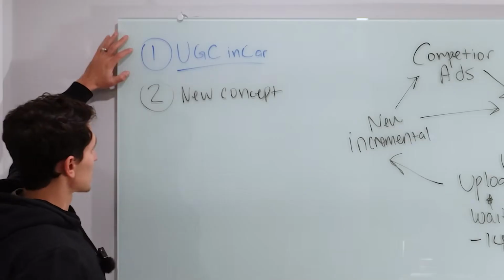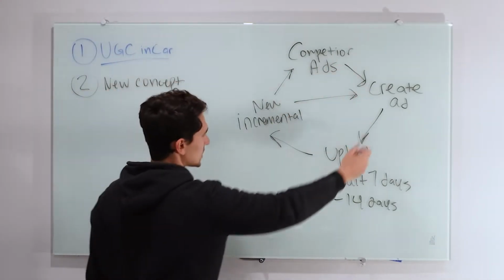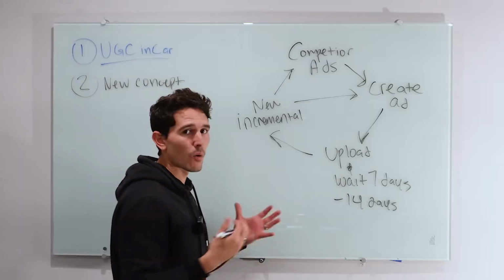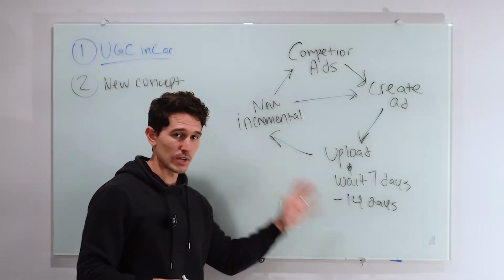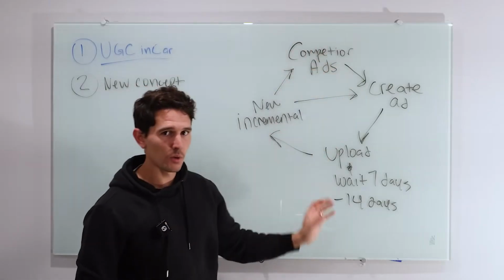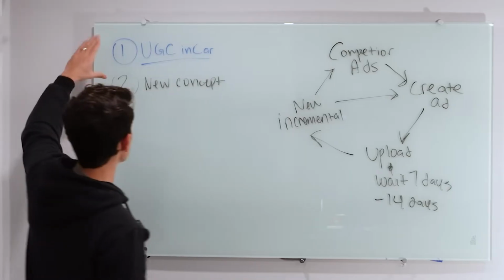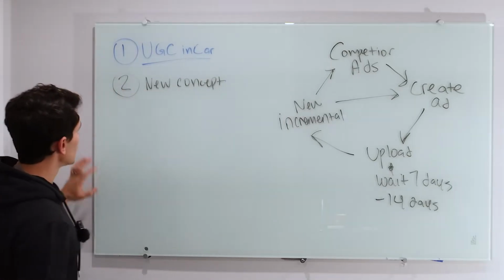So now you have concept number 1 and concept number 2. In time, you keep doing this every 14 days, every 21 days, however often you can actually produce creative. Constantly doing this is going to create a nice flywheel for your business where you always have new things being tested. That's eventually going to stack a lot of new concepts for you.